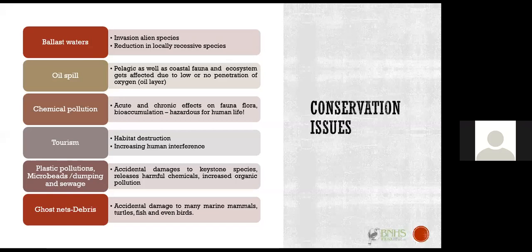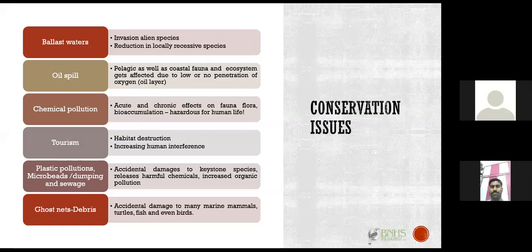And there are certain rules and regulations about ballast water treatment. There are species which have already traveled across the world because of this, and they seriously affect the ecosystem or the diversity in the local areas.